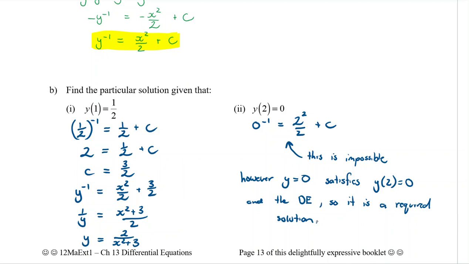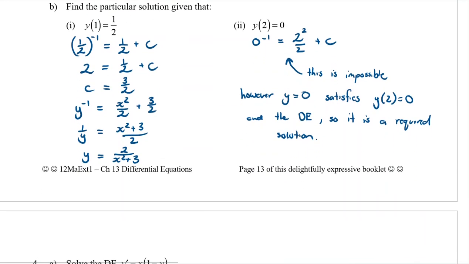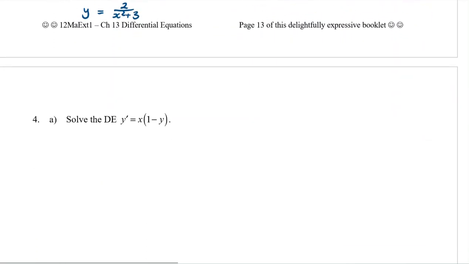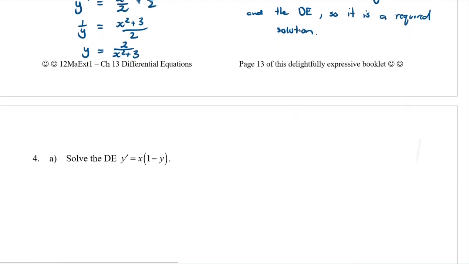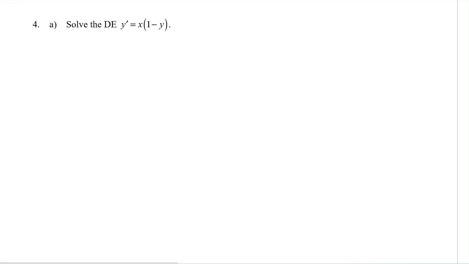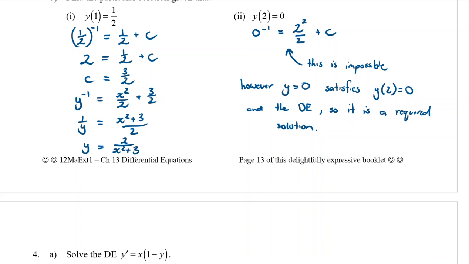So we can't find the equation, but the point itself does actually satisfy the differential equation. All right, move on. Question 4. Just 1 second. Yep. y equals 2, 0, and the differential equation, DE, satisfies.